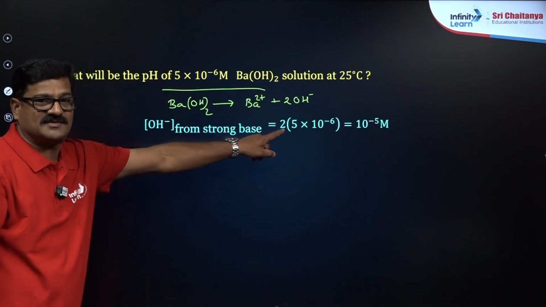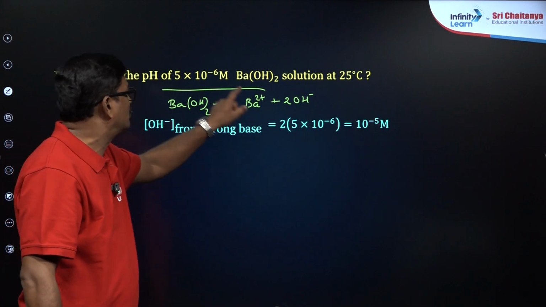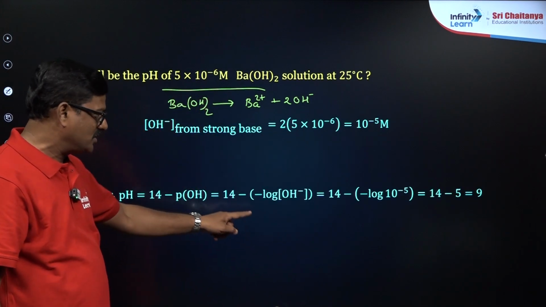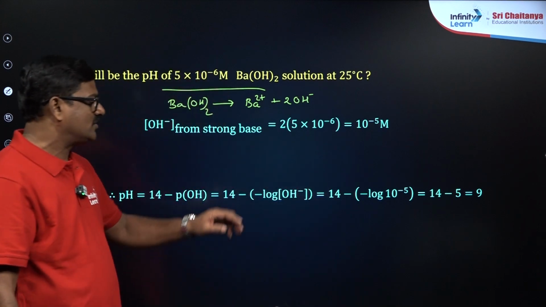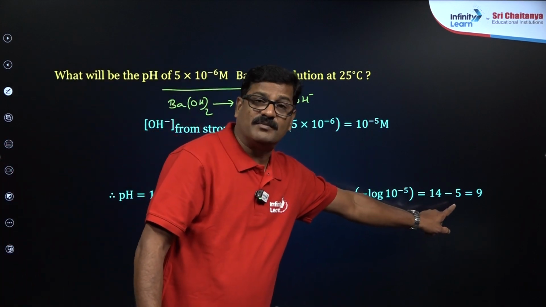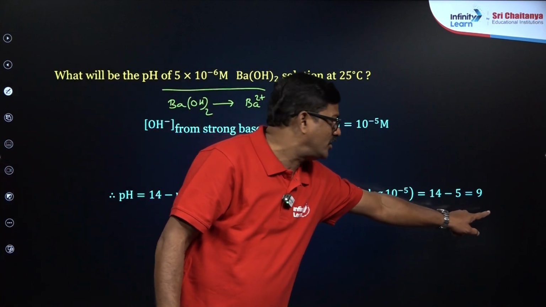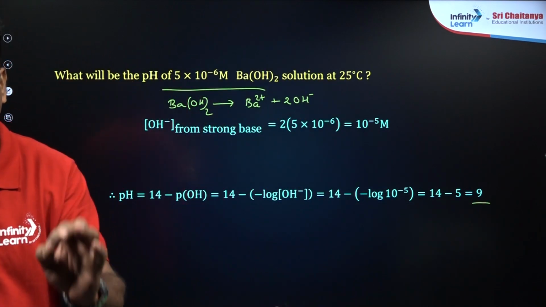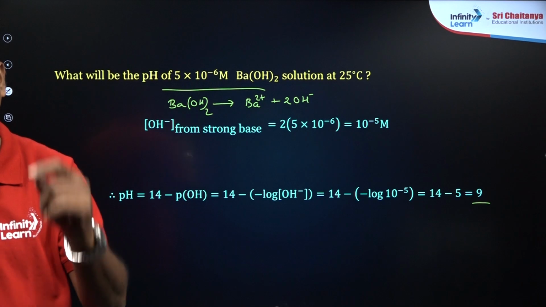So the OH- ion concentration is 2 into the given concentration. From there you calculate the pOH, and 14 minus that pOH is going to be the answer for this question. Simple, and you need to know the methodology to calculate.